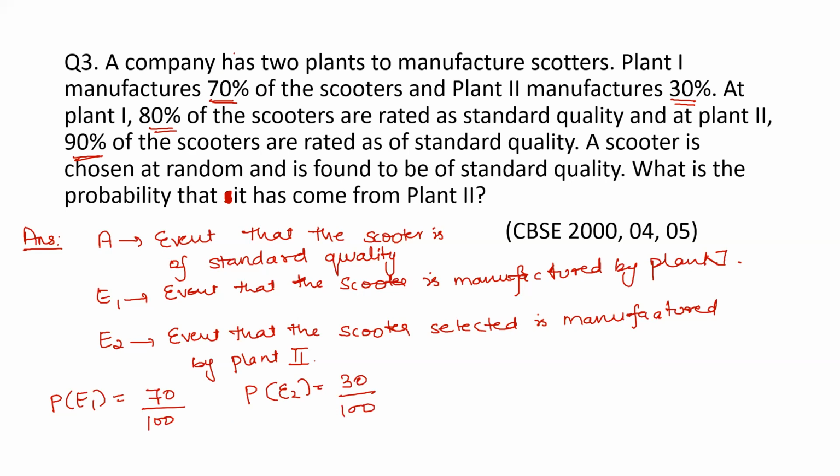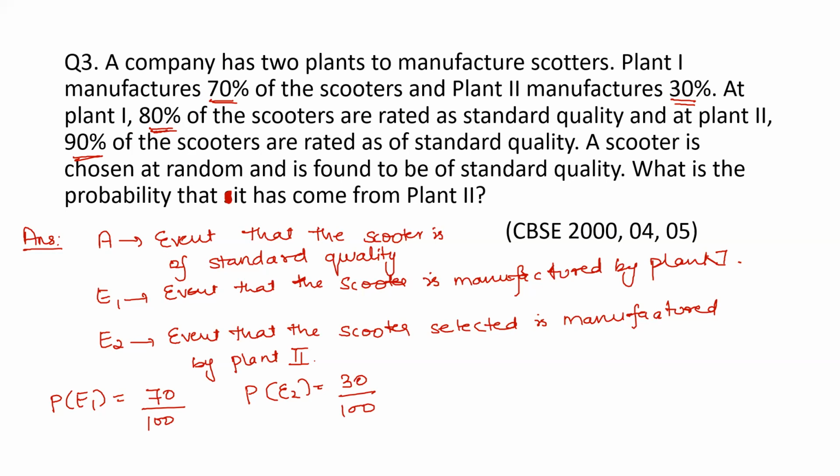Abdur, is it clear now? I hope yes. Now please complete this, all of you. Now what is P(A/E1)? 80% of the scooters in plant 1 are of standard quality. So in plant 1, whatever quantity they manufacture, 80% is of standard quality.